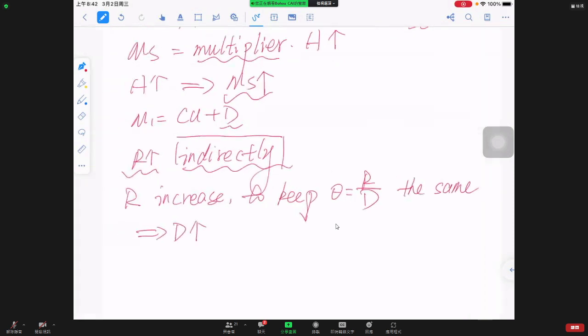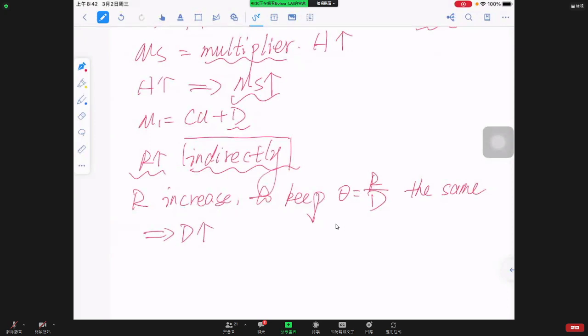So this action directly affects R and then affects the deposit D, but does not directly affect M1. Okay, so you should clearly indicate this.